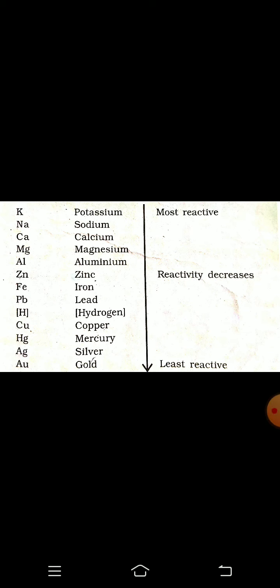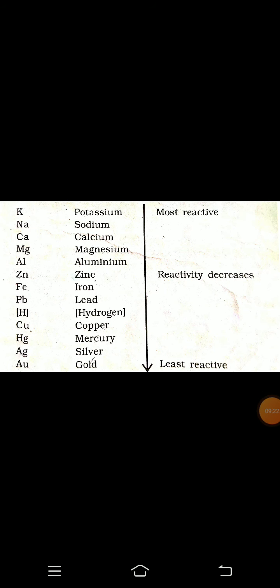Will a displacement reaction take place? Of course, yes, because you can see in the series that lead is more reactive than copper. So what will happen? Lead will displace copper from its copper chloride solution. So this way you will remember that when a metal is more reactive than the other metal, then only a displacement reaction will take place.